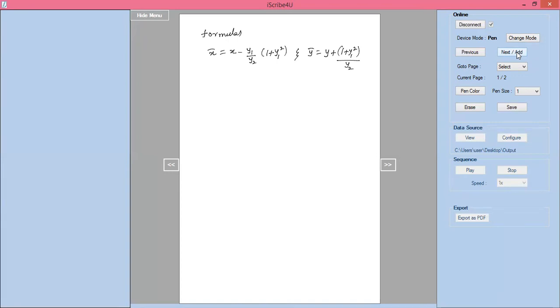These are the center of curvature formulas we already used.